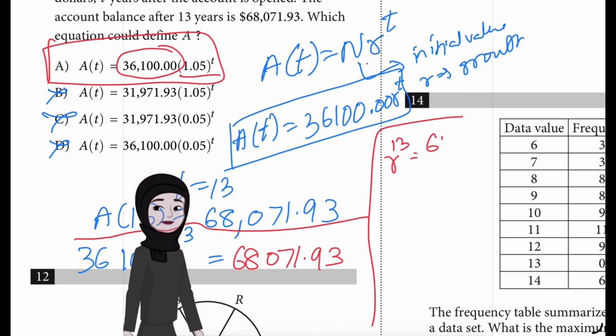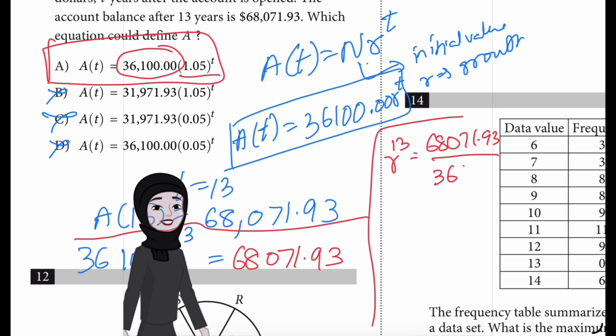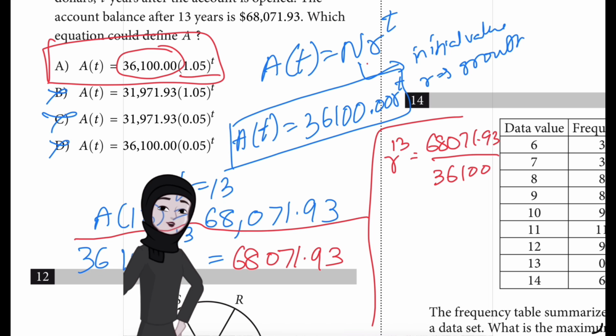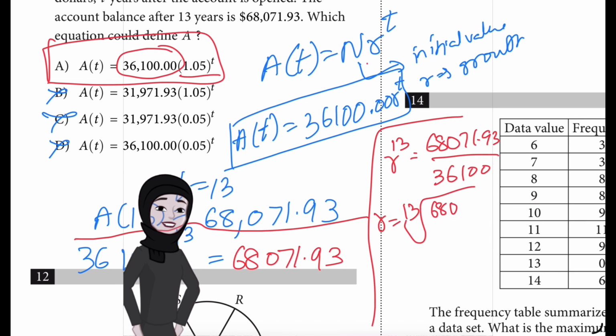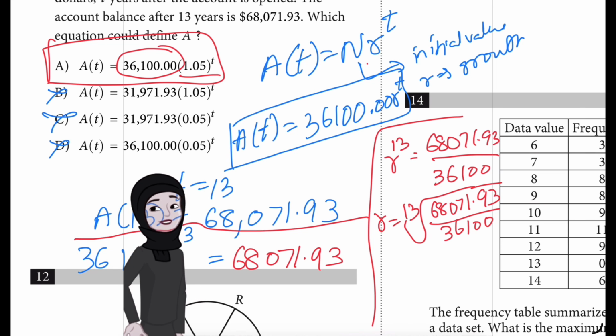So r raised to the power of 13 will be equal to 68,071.93 divided by 36,100. We can use a calculator for this, and we can find the 13th root of this value. That will give the value of r.